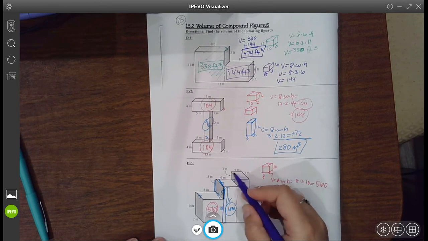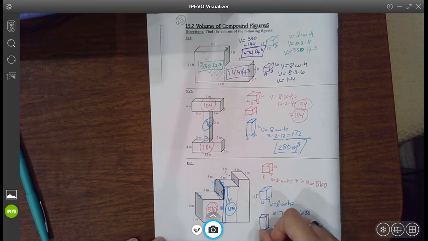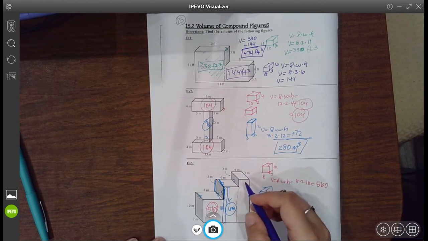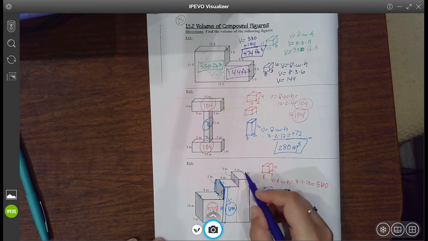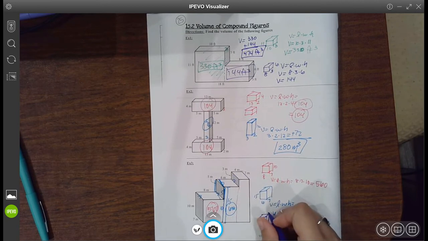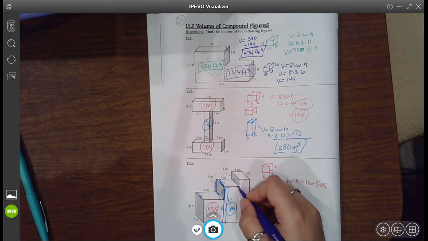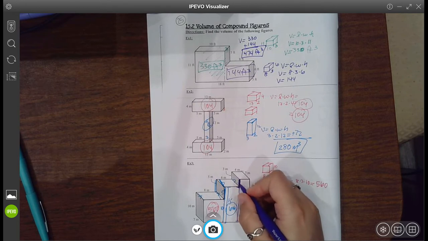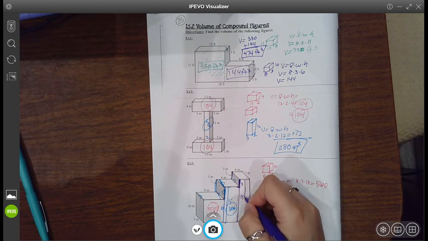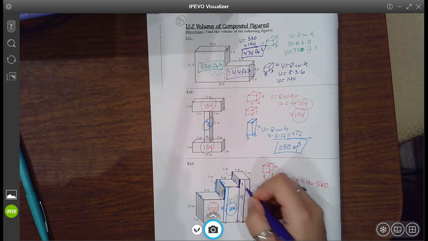It has a bottom length of 4, depth back of what? The depth back is 7. What's the height? Well, from here to here is 15 plus this, which is the same as this, which is 3. So 3 plus 15 means it's a total height of 18.